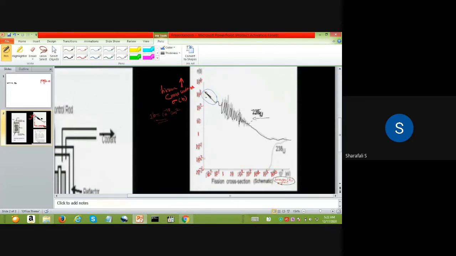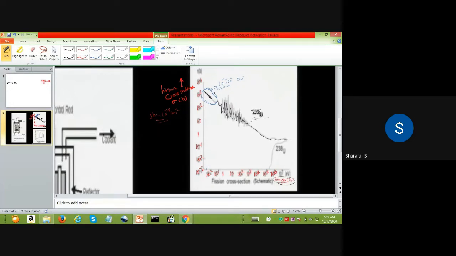The neutrons in this part have around 10 raised to minus 2, 10 raised to minus 1 electron volt of energy, that is 0.1, 0.2, 0.3, etc. That range of energy will be there, so they have very low energy. We call these neutrons thermal neutrons.